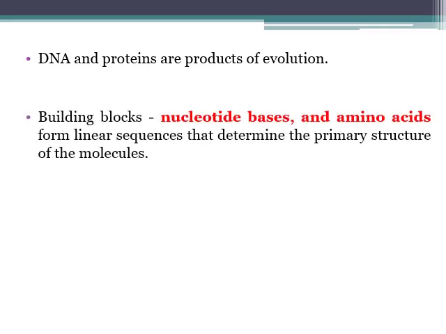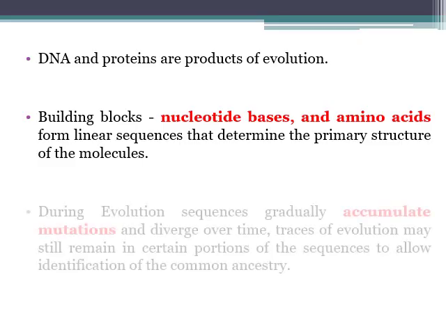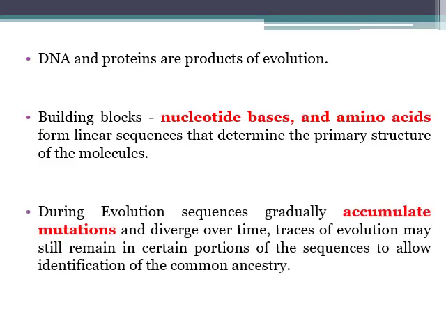Now the building blocks in DNA and protein sequences are nucleotide bases and amino acids respectively, and they form linear sequences that determine the primary structure of these molecules. During evolution, sequences gradually accumulate mutations and diverge over time, and traces of evolution may still remain in certain portions of the sequences to allow identification of the common ancestry.